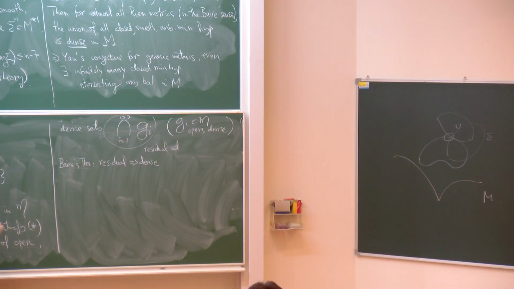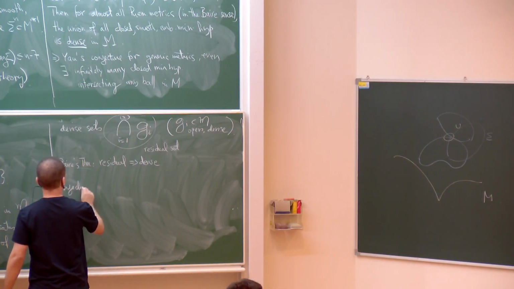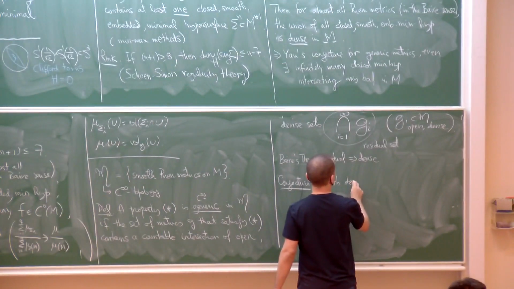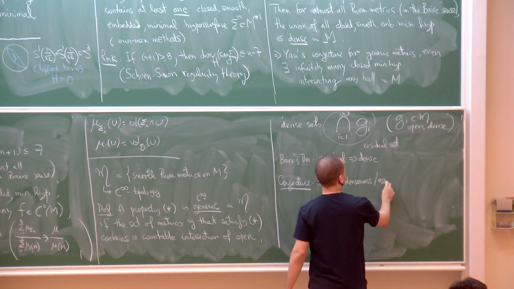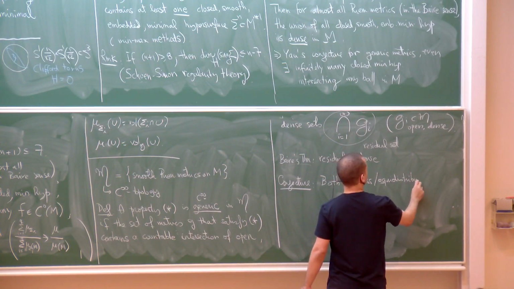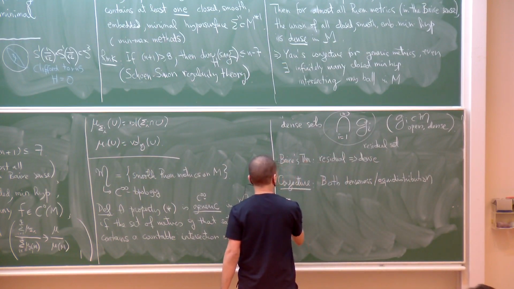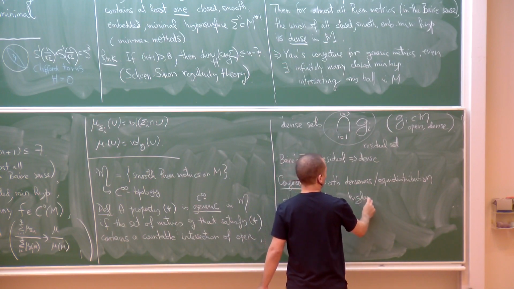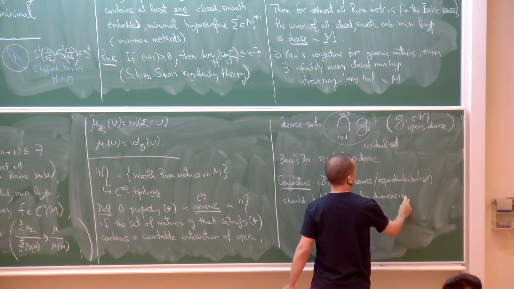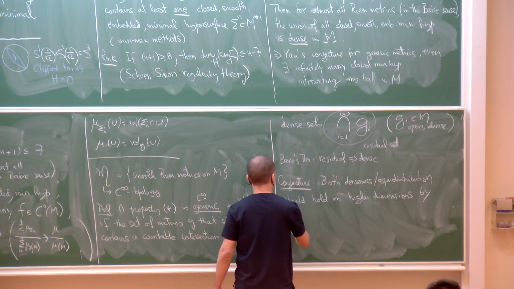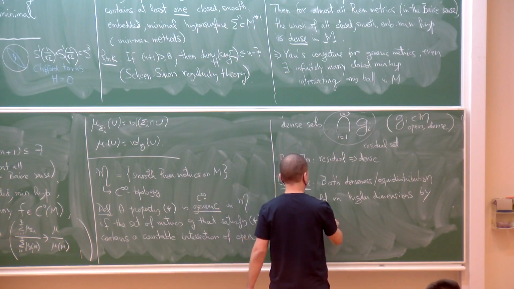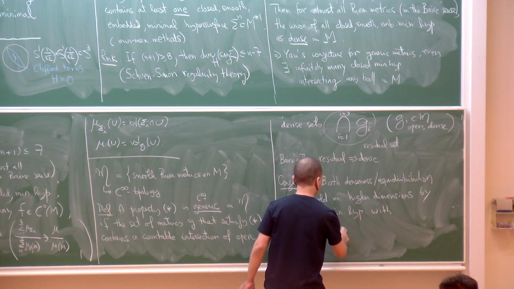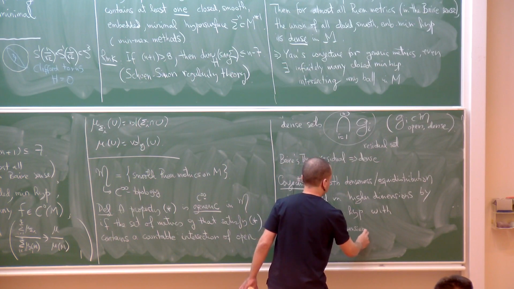We conjecture that both results of denseness and equidistribution should hold in higher dimensions, by allowing minimal hypersurfaces with a codimension 7 singular set.